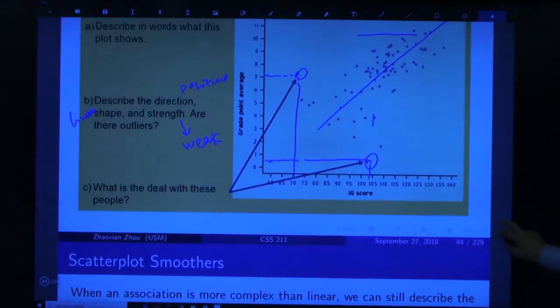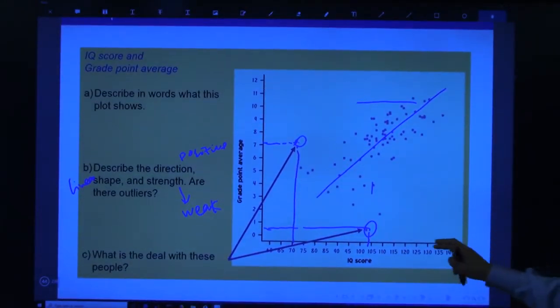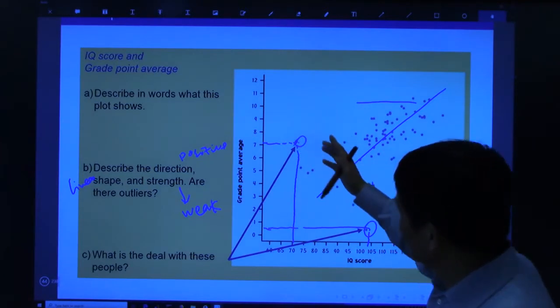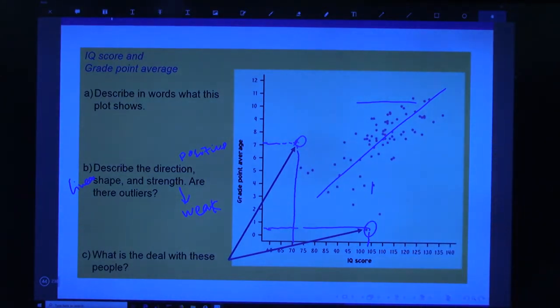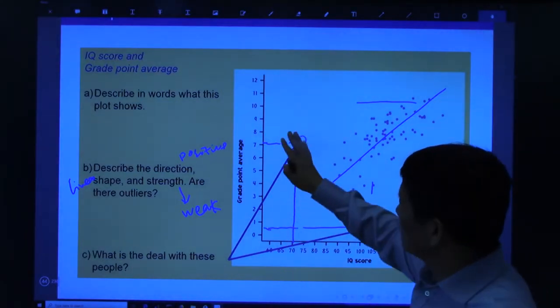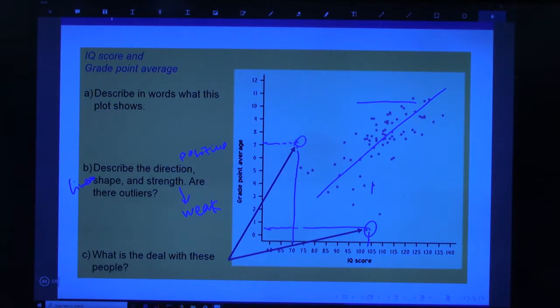So that's definitely an outlier in the sense of IQ score. If we want to explain what happened to this student, we may say he has a very good way to study, or studies very hard or something. Although the IQ for him is low, his GPA is pretty good. So that's how we explain these outliers.